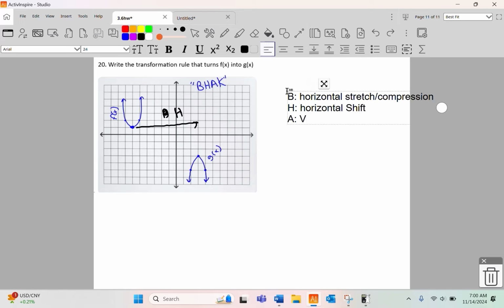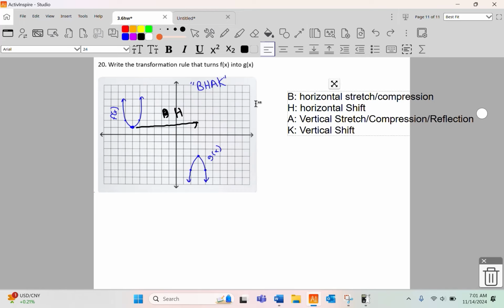A is the vertical stretch, compression, and it also handles reflection. If it's negative, something happened, and you have K, and K is going to be your vertical shift. Okay?